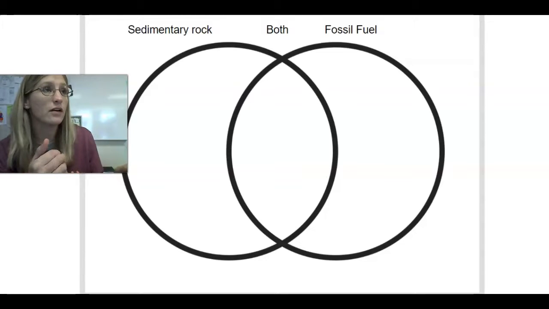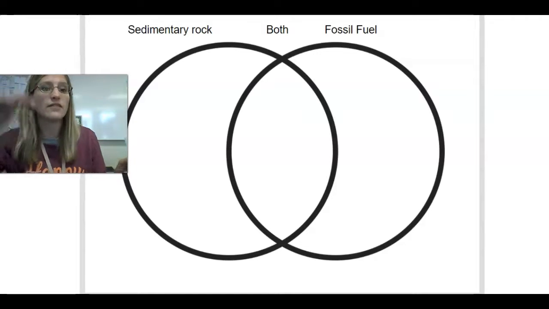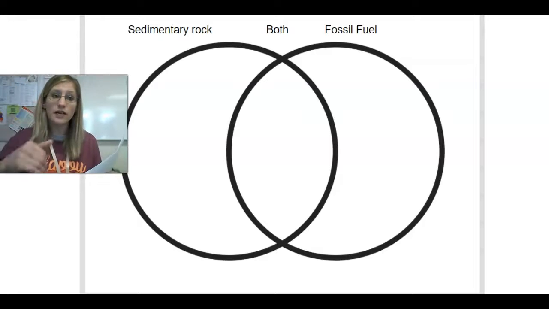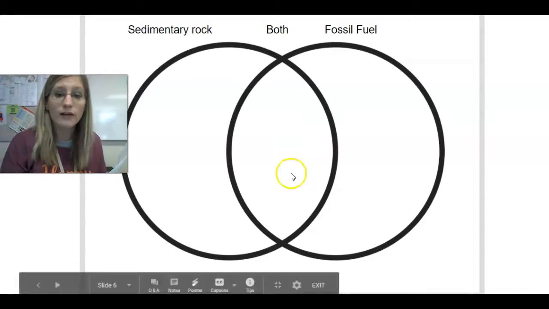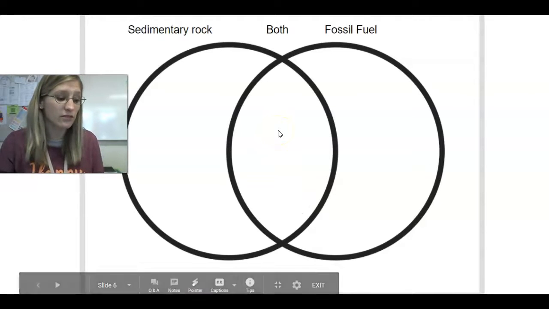So you could say that they all have to dig to get to them in the earth. So they all use shell, they use sandstone, they're made out of conglomerate, and they all have heat and pressure that pushes down on them. So both of them have heat and pressure that push down on them, and they take millions of years for that to form.